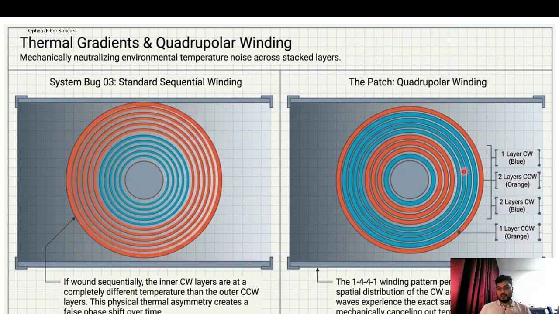Then the third layer is clockwise, and the last one is counterclockwise again. So the 1441 winding pattern perfectly balances the spatial distribution of the CW and the CCW paths. Both waves experience the exact same thermal gradient, mechanically cancelling out temperature noise.